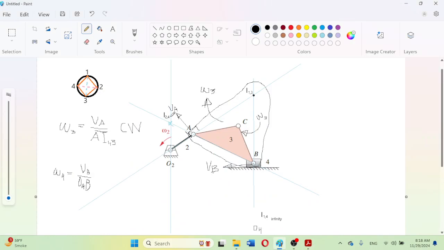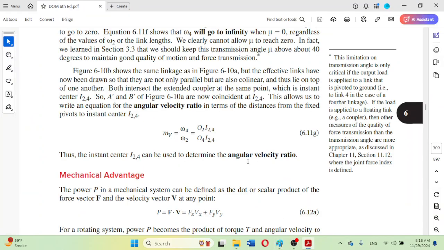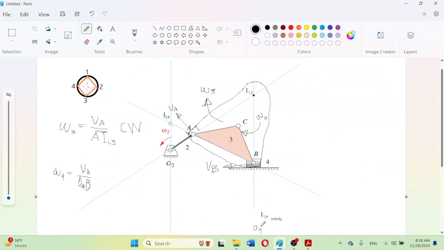As we can observe, this O4 is at infinite length, and at infinite length this O4 will be on the same line as this O2.